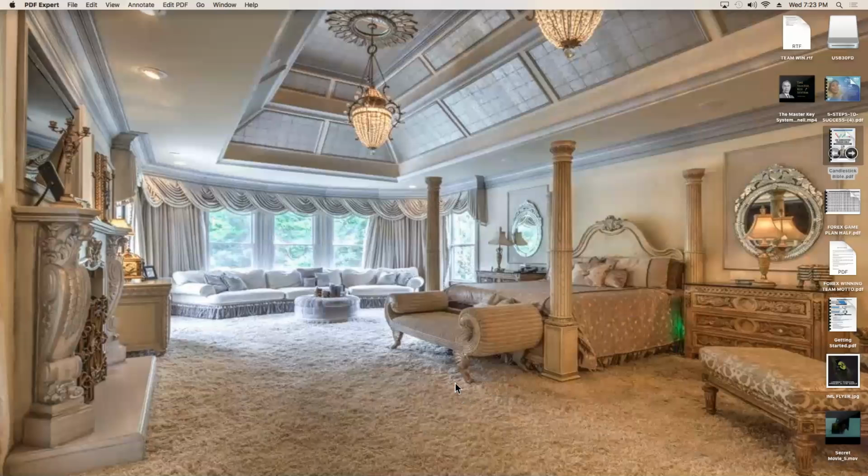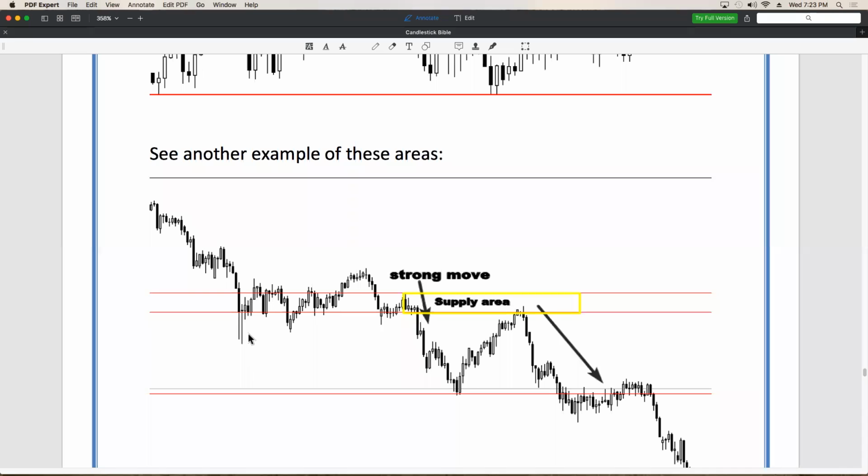Okay. You see how this is a floor, a floor, a floor, and so this is the zone of the floor. You see, it's a zone.